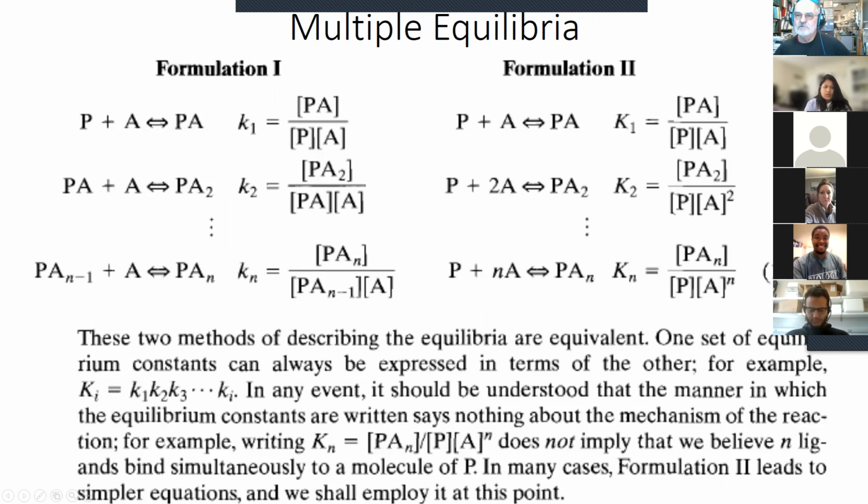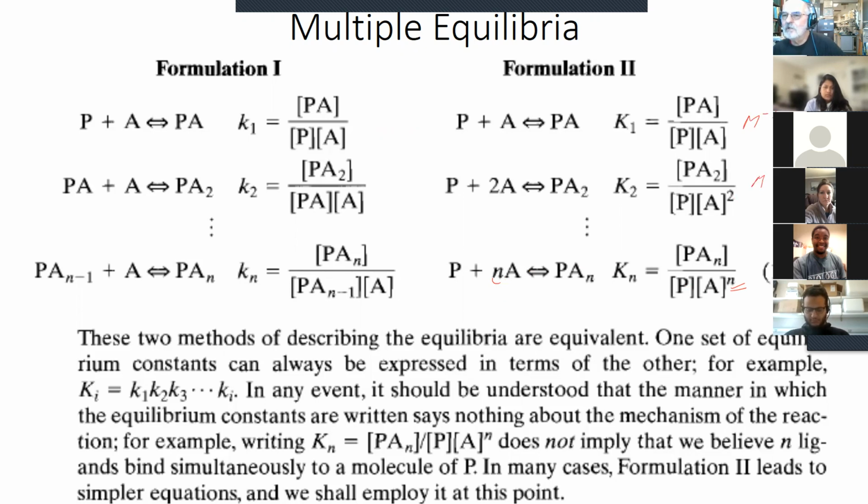And you should see here that that means that it's going to be PA sub n divided by the concentration of P times the concentration of A raised to the nth power, because there are n ligands being bound. And like we had said before, this constant will have units of molar to the -1.